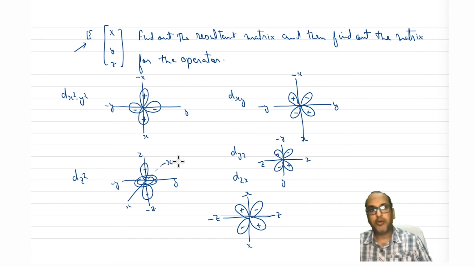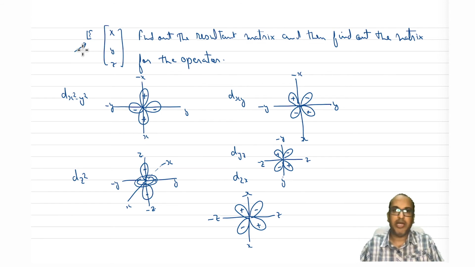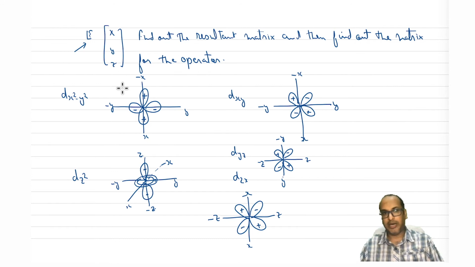So now what you have to do is, if you want to identify what is the matrix for E, for example, you have to carry out the operation E onto this and see how it is transformed, and then accordingly write the matrix for E. Similarly, you do it for all five together and see what happens to each of these, and then accordingly write the matrix representation for E, right?